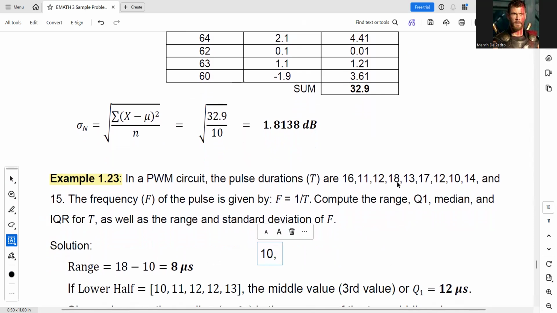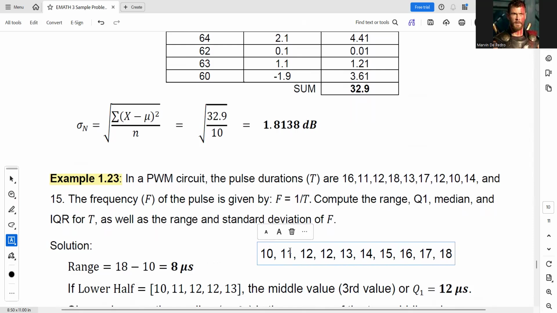And then we have 11 and then two 12s. And then we have a 13 and a 14. After 14, we have a 15 right here. Okay, 15. And then we have 16, 17, and 18.